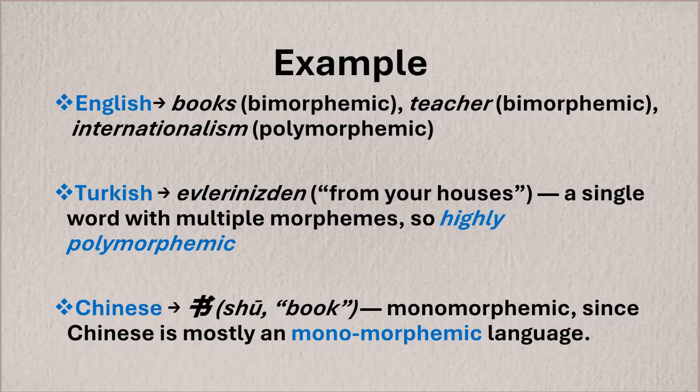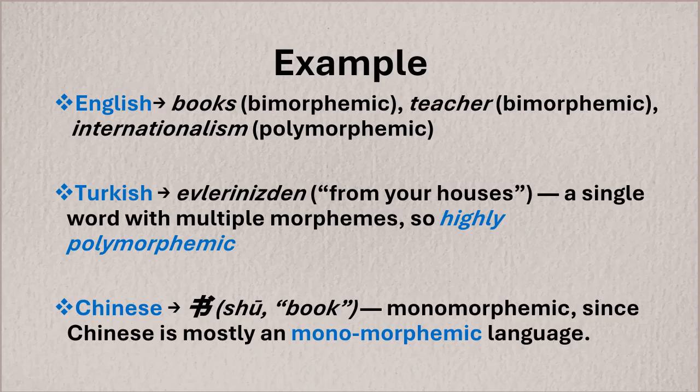In English, we have books, bimorphemic, book plus s; teacher, bimorphemic, teach plus er; internationalism, polymorphemic, built from several meaningful parts: inter plus nation plus al plus ism. In Turkish, look at evlerinizden, it means from your houses. It's just one word, but contains multiple morphemes.